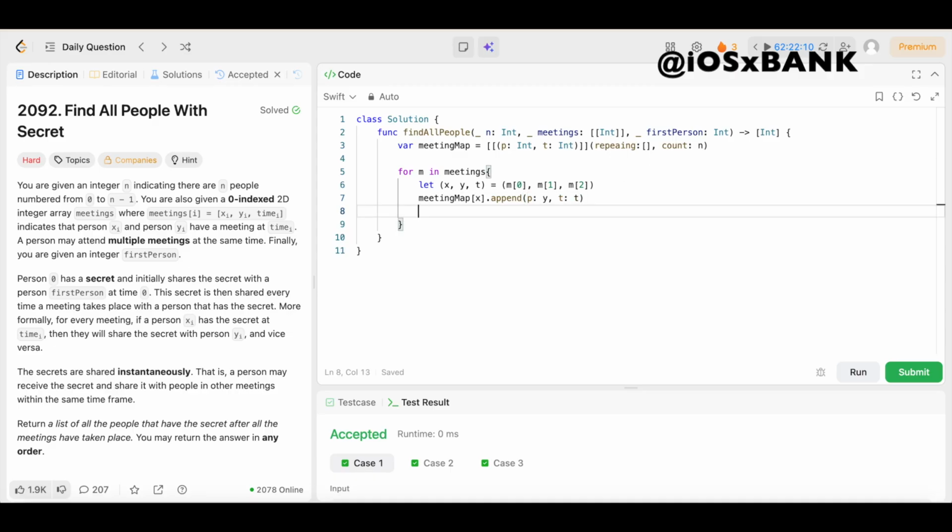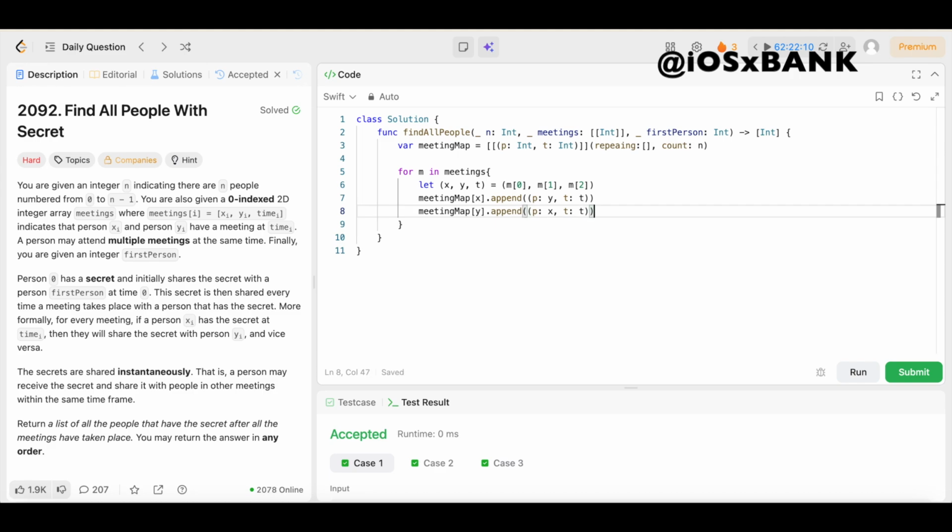Come underneath that, we'll say meetingMap square bracket y, dot append, open up the parentheses, p colon x, comma t colon t. Boom. And sorry y'all, this should be a tuple as well, so we need to wrap this in parentheses as well, just like this. Boom.